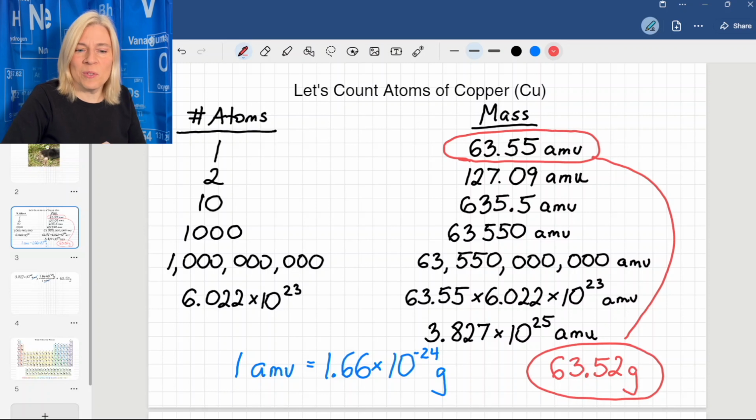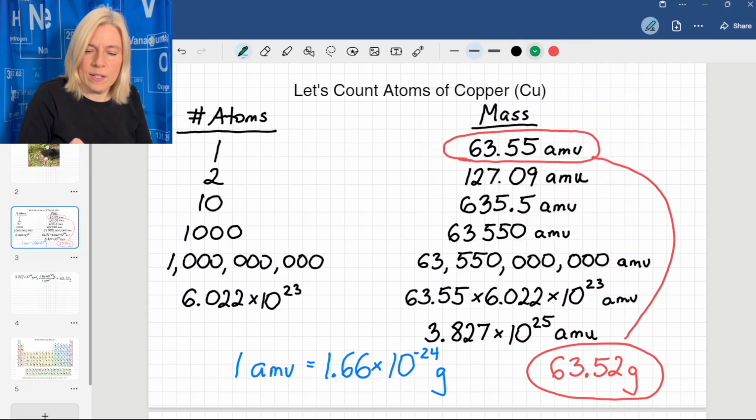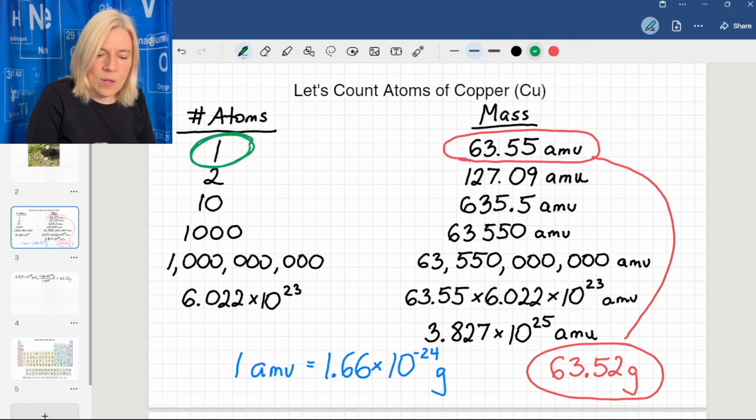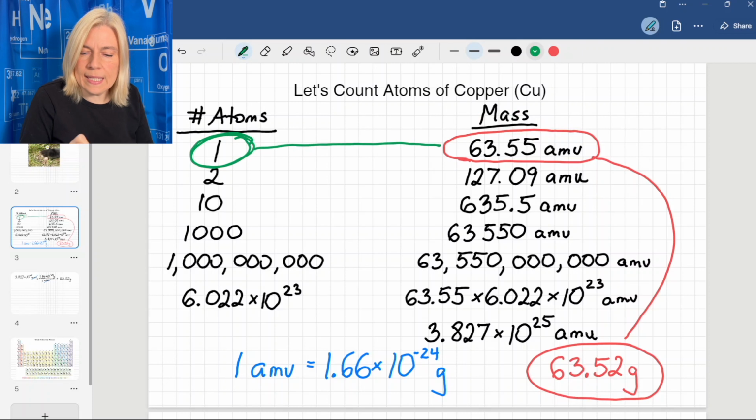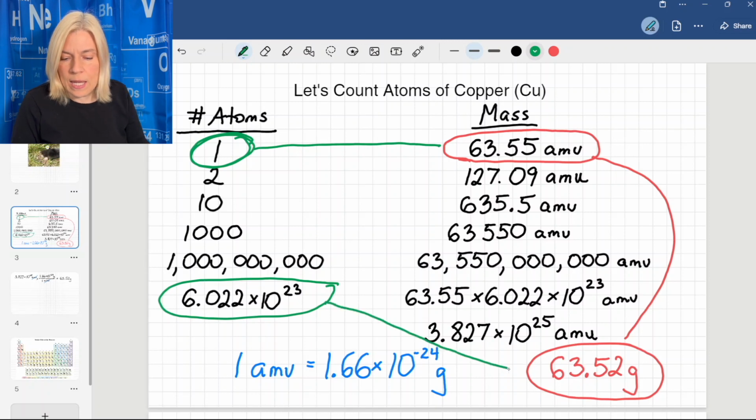This is why we use the mole. Because when we have one atom, it is 63.55 AMUs. But 1 mole of atoms, which is 6.022 times 10 to the 23rd power of atoms, is 63.52 grams.